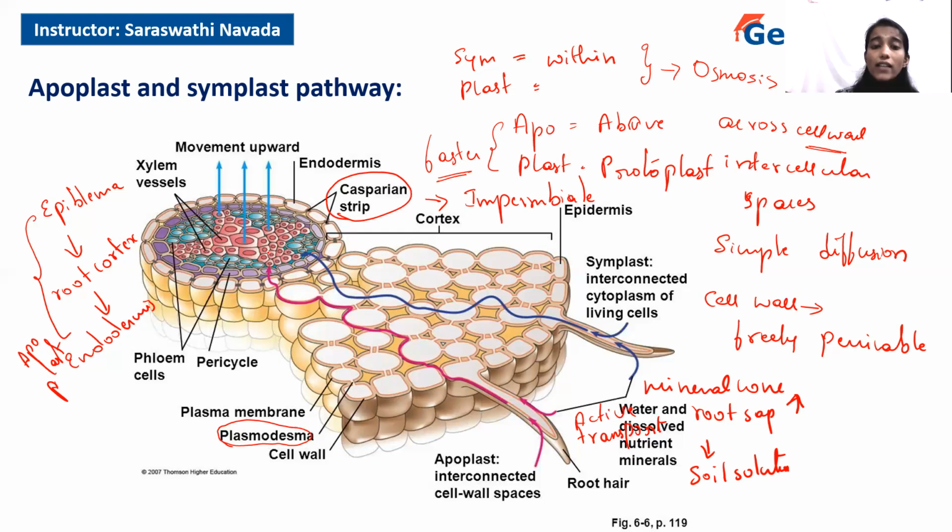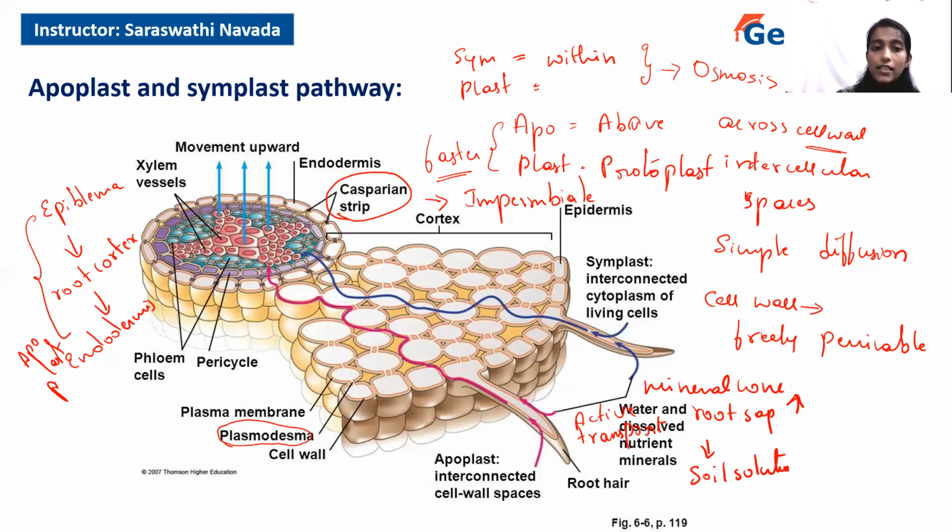Now, once the water reaches the xylem, already we know the xylem is made up of dead components. The xylem tracheids, vessels, and fibers are all dead components except for xylem parenchyma. So water will be transported through xylem vessels as well as the tracheids.